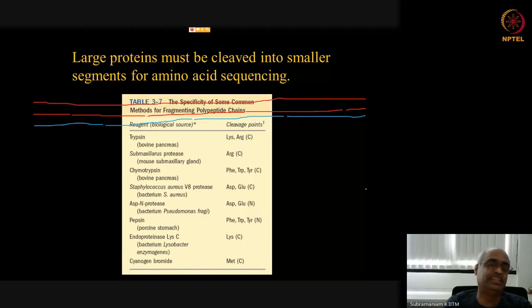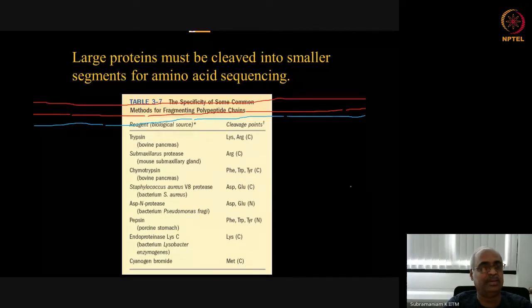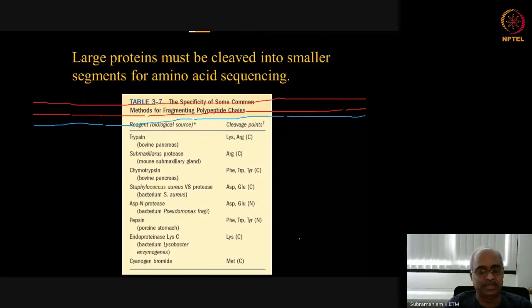So by generating these overlapping peptides using two different proteases, you get a mixture of overlapping peptides, and sequencing all of them eventually leads to getting the sequence of the entire polypeptide.